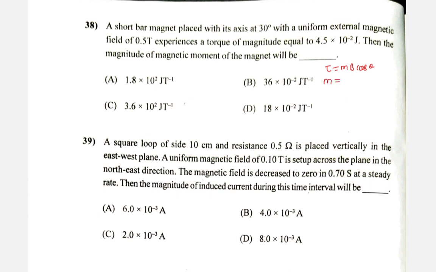So m is equal to torque upon B cos theta, and the value of torque is given as 4.5 into 10 to the power minus 2, divided by magnetic field 0.5 Tesla, and cos theta.